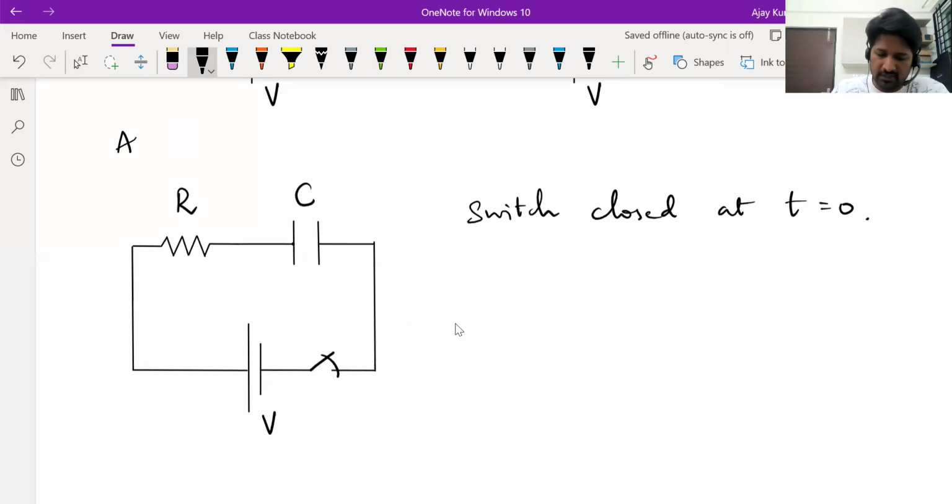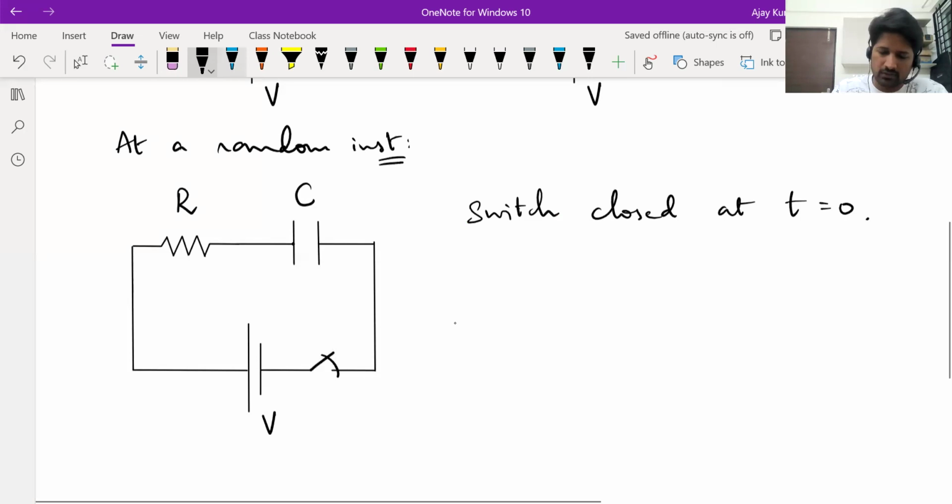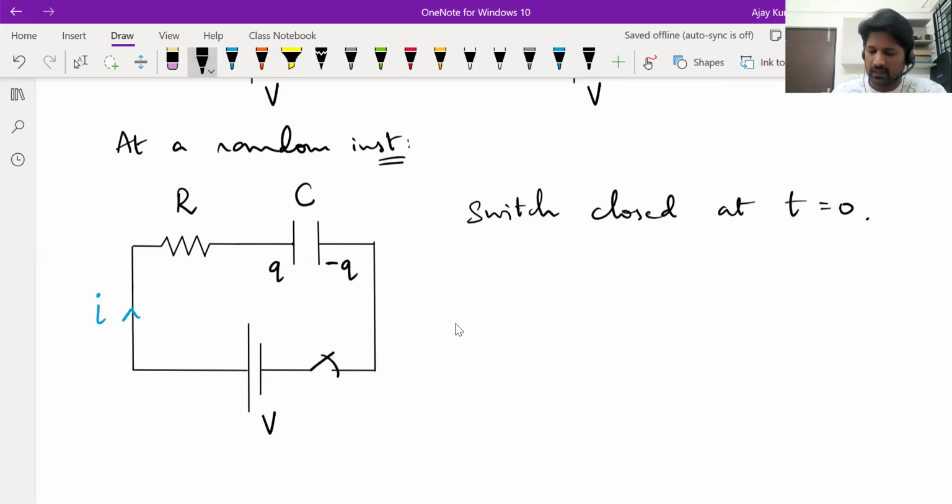Then at a random instant, the situation will be like this. There'll be a current flowing in this wire, some charge on the capacitor, and it's still getting charged. We know that the capacitor should get a charge of Q equal to CV ultimately, but it takes time for that much charge to get accumulated on the plates of the capacitor.